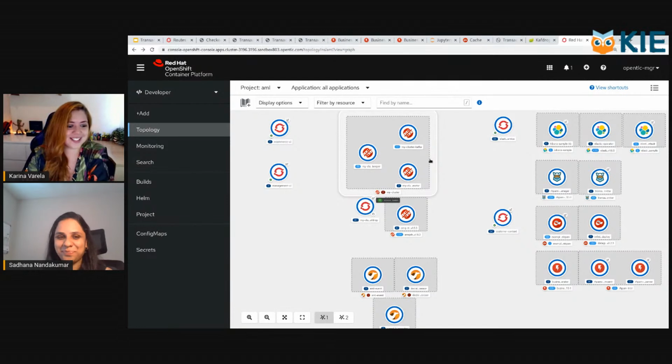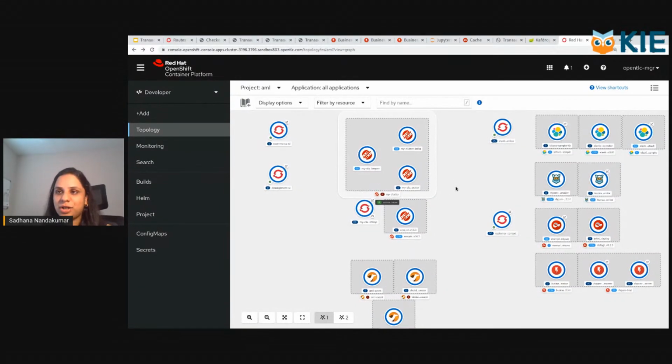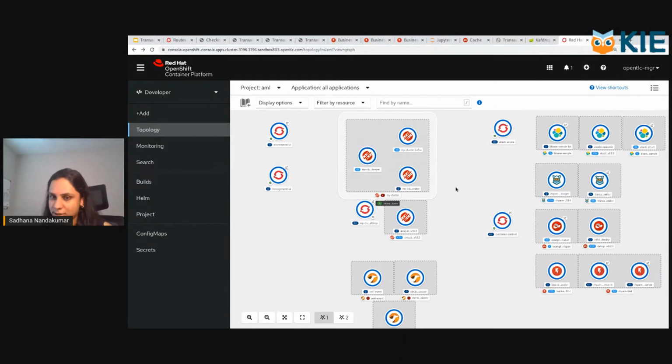So Sadhana, please. Sure. So that's all the components that came together for implementing this. As we called out earlier, the whole demo deployment is on cloud. And so we are making use of the cloud native stack to support the solution so that it can scale and meet the demand.